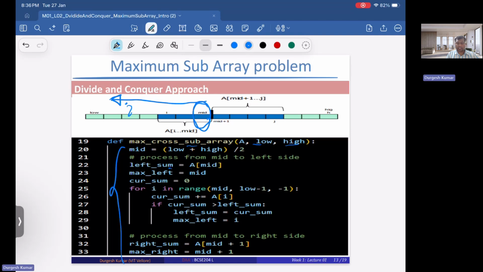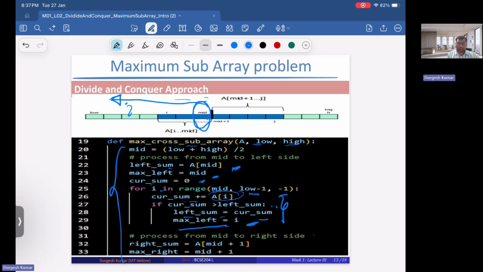So we initialize left sum as A[mid], max left equal to mid, cur sum equal to 0. We start from the mid. For i in the range mid down to low minus 1, we try to decrease i. We find the cur sum by adding the A[i] value. If cur sum is greater than left sum, we override left sum with cur sum and max left with i.